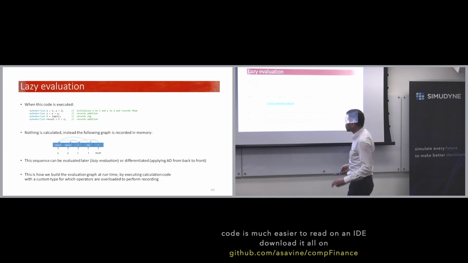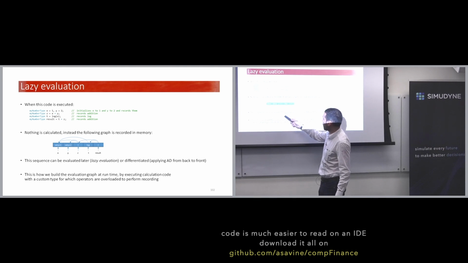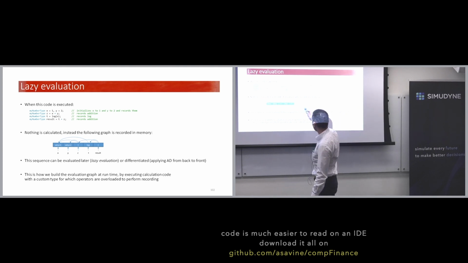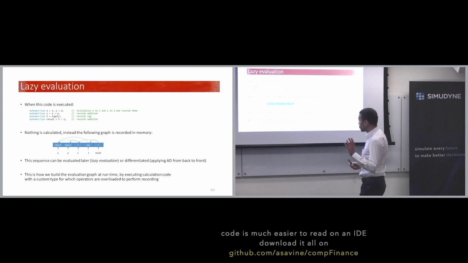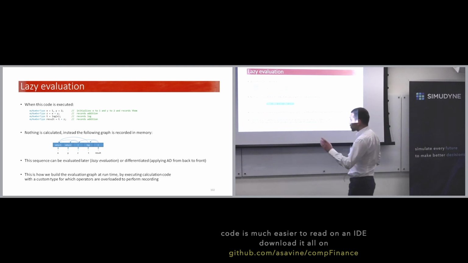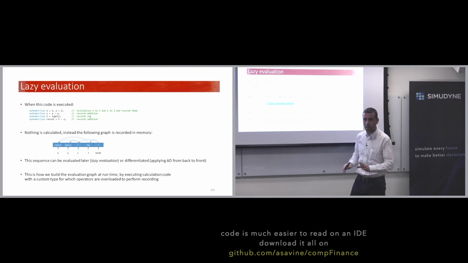After it's recorded, this sequence can be evaluated later. That's called lazy evaluation. Or it can be differentiated by applying AAD back to front. This is how we build the evaluation graph at runtime, by executing calculation code with a custom type for which operators are overloaded to perform recording. Yes?